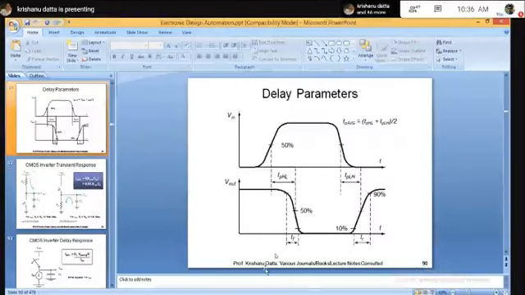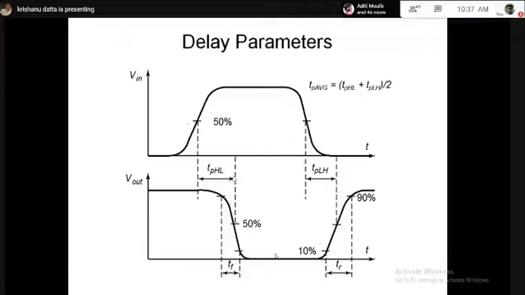When I defined it, the definition itself takes 50% input to 50% output, right? This is the case I was explaining. 50% input to 50% output. Since the output is transitioning to 50%, when we are defining the delay, I took exact same thing.